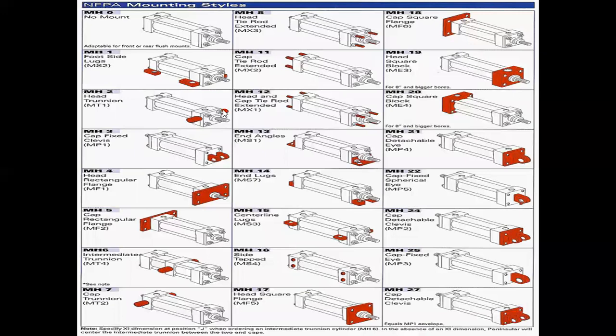Then trunnion, this is head trunnion. This is the flange mounting. The flange is provided, this is a rectangle type of flange. Then this is again a rectangle type of flange. The center trunnion is provided.